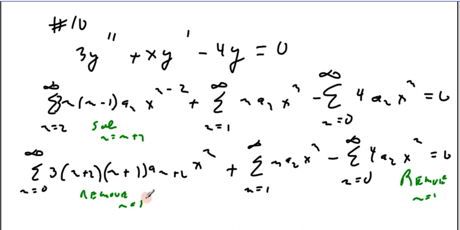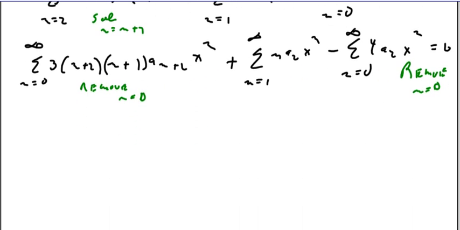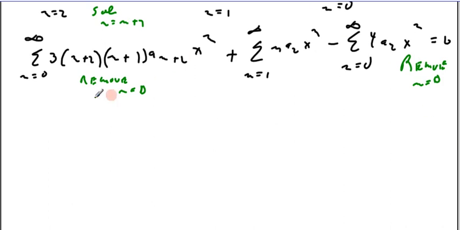No, I'm not. N is equal to 0. Much better. Okay, so that's what I'm going to do. When n is equal to 0, I have 6a2 x to the 0.